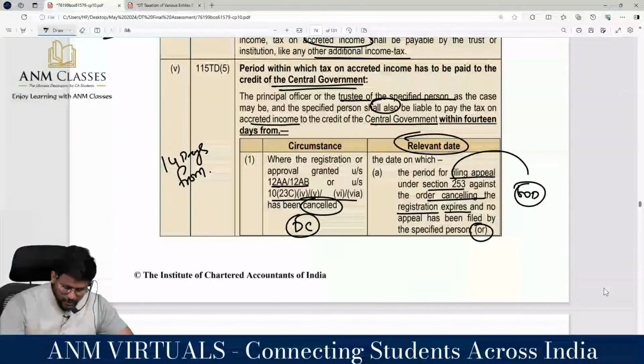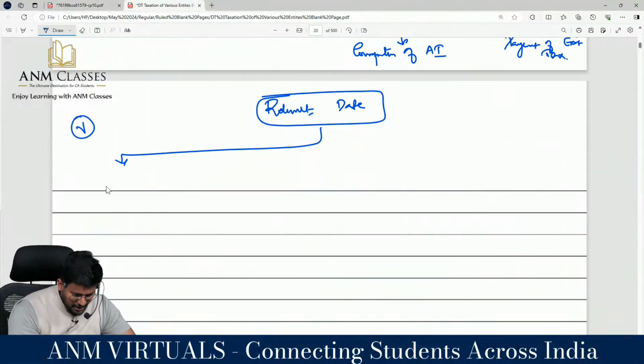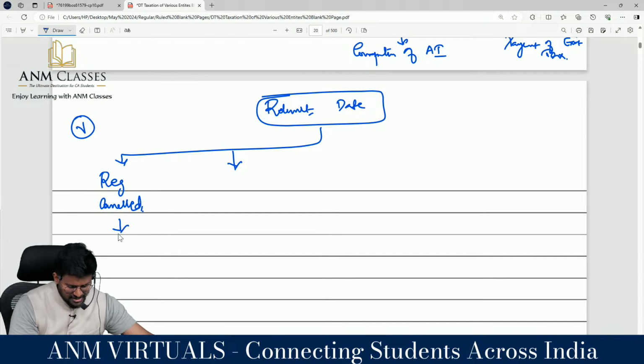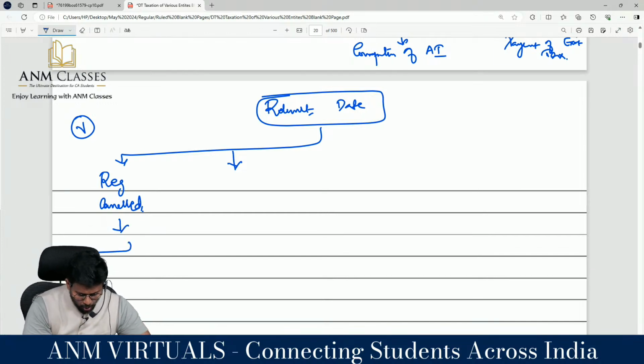The relevant date, number one: registration has been cancelled. Registration cancelled means deemed conversion. Then from which date do you calculate the 14 days? If registration is cancelled, you have to split it in two.